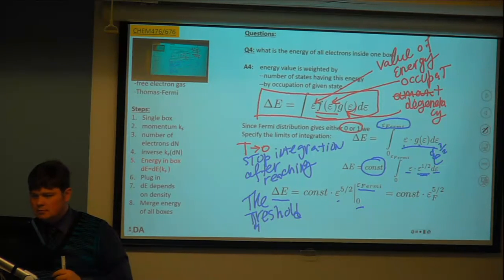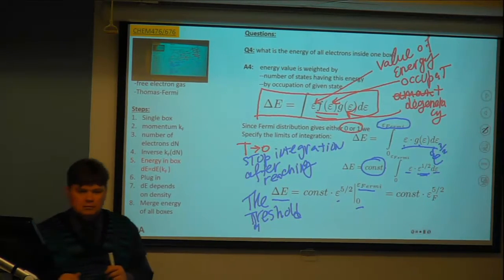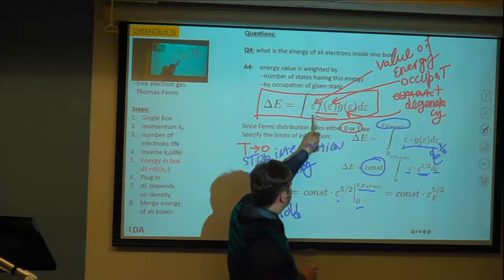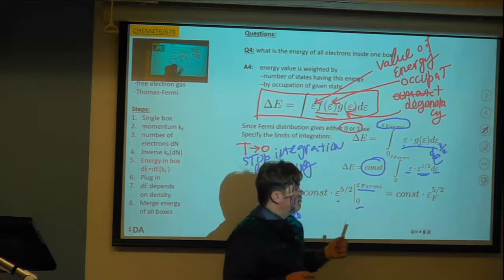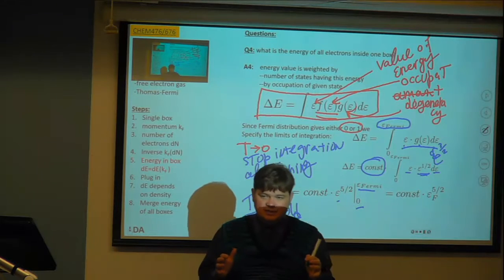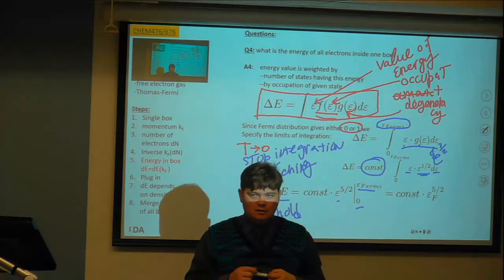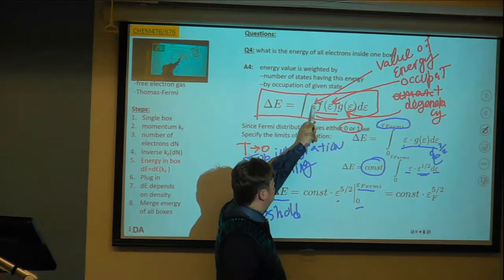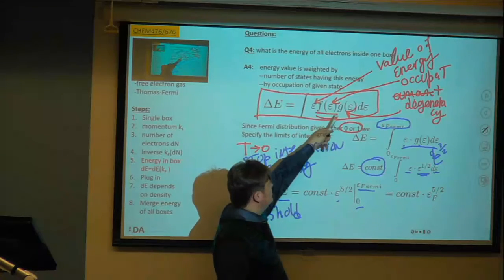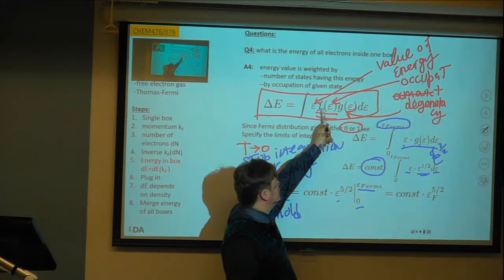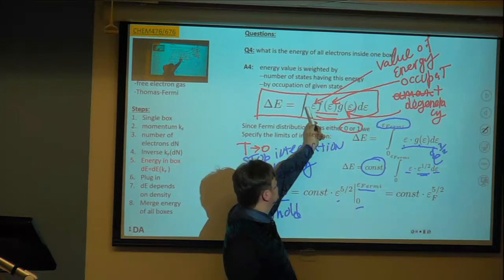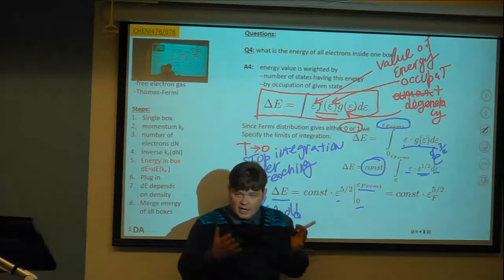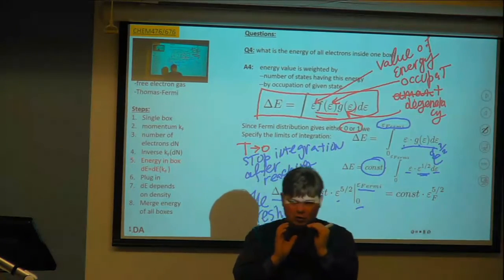So this is the protocol. How can we find the total energy of the system? We need to find energy, we multiply it by the density of states, and we multiply it by the probability that such a state is occupied. So if we perform this integral, then we will get the energy of all electrons in the box.